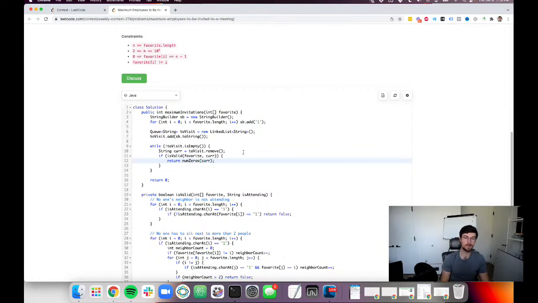So that's the one case. But then the other case is that we have to find all the neighbors, and all the neighbors are just, we try removing each one, like a zero from each position in our string.